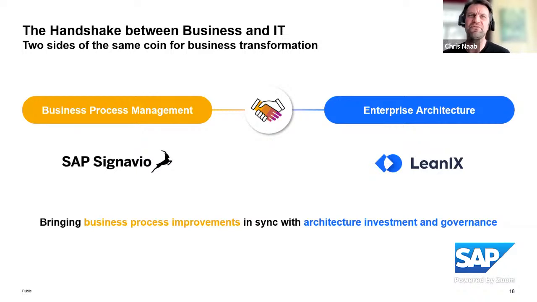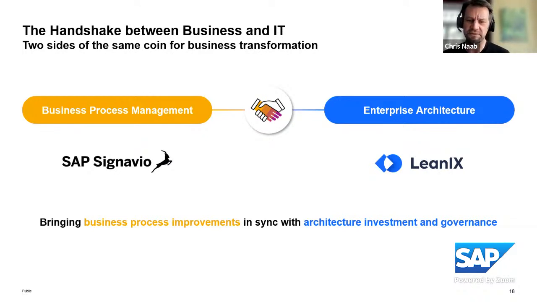So that's something those two disciplines have in common, but they're achieving these objectives in slightly different ways. Business process management by the means of the focus on business processes, and enterprise architecture by the focus on the various layers that comprise an enterprise architecture, starting from the business layer to the application data layer, down to the technology layer, and showing the respective connections and how those layers are intertwined.